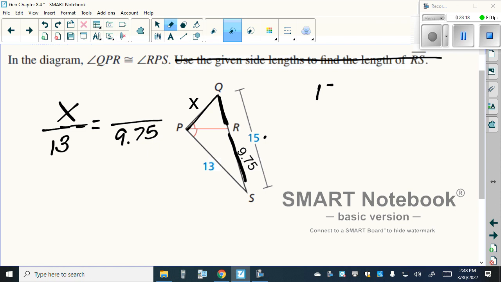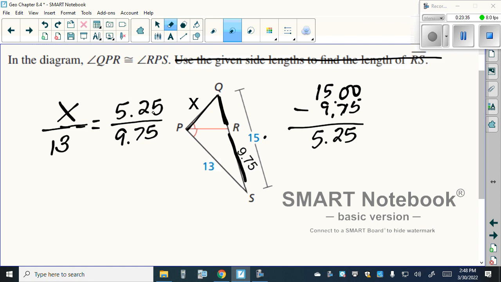So what we can do is take 15 minus 9.75. 5.25 would give us our other measure, because to go from 9.75 to 15, the quarter gives us 10, and then we have 5.